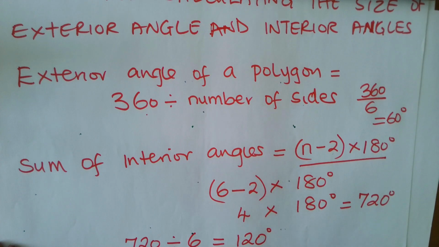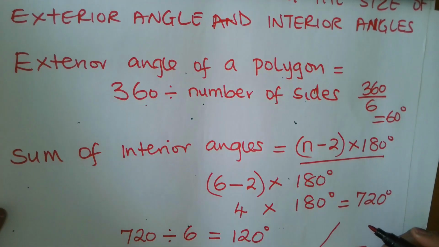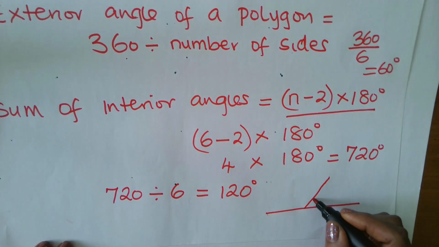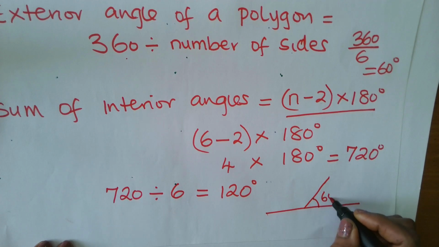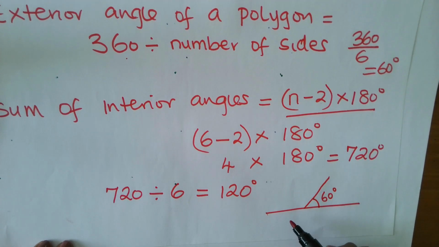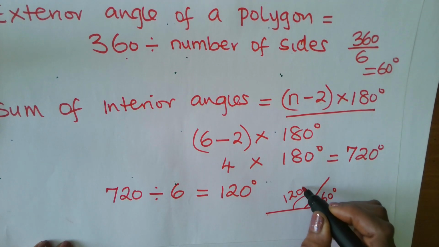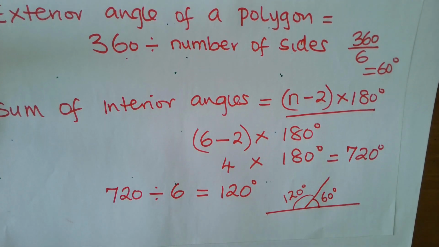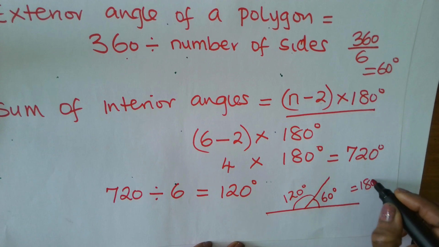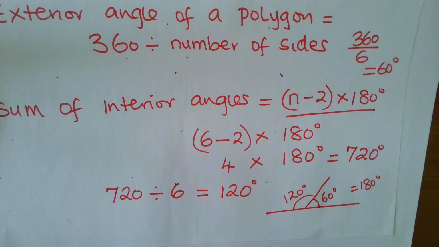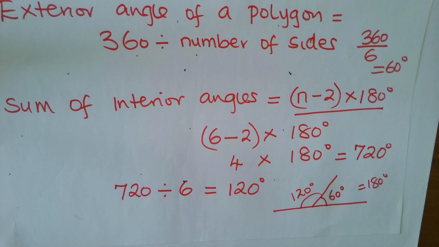So let's say we've got this, and then this is 60 degrees. This will also be 120 degrees. So the interior and exterior angle add up to 180 degrees. We're going to be looking into some exam styled questions, and then you'll understand it better.